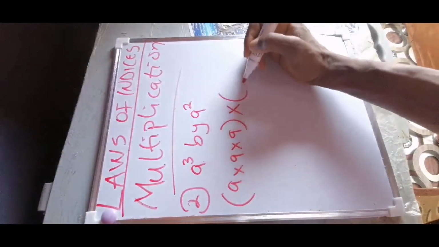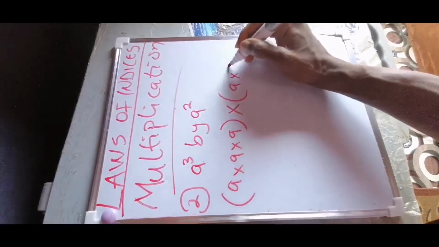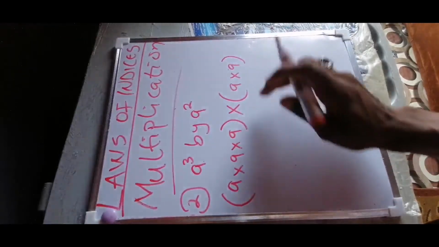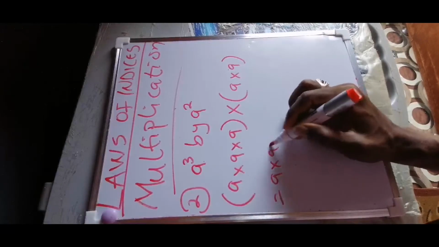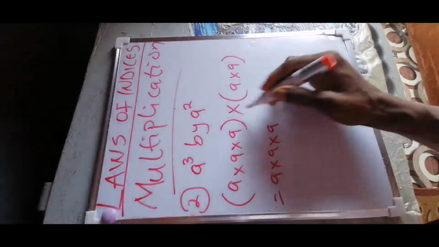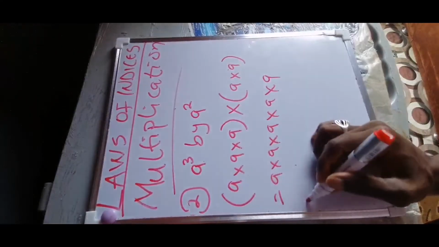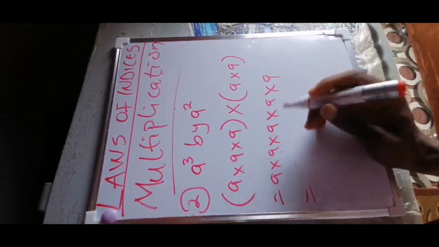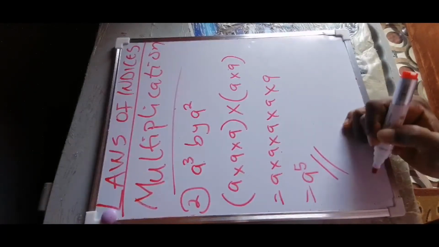Then again open another bracket. Here we have 2 a's, therefore a times a. We close our bracket. So we are going to expand our two brackets, equals a times a times a times a times a. So how many a's are we having? 1, 2, 3, 4, 5. Therefore a raised to the power of 5. That is our final answer.